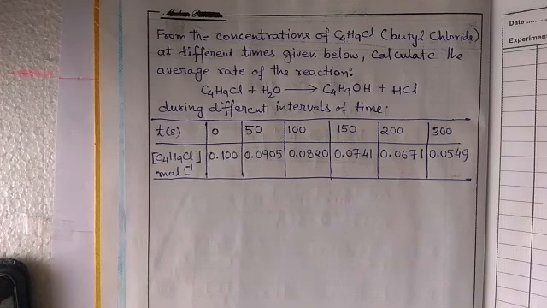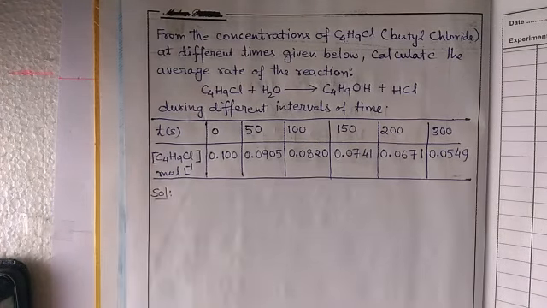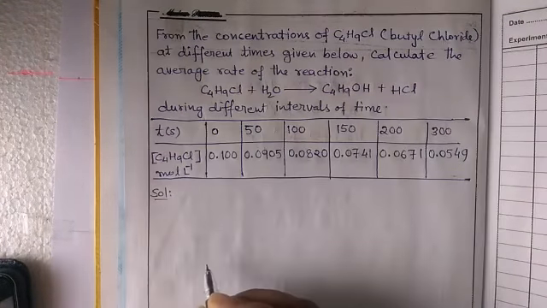So what equation could be formed for this reaction? Let's solve it and see. So we have this reactant butyl chloride.